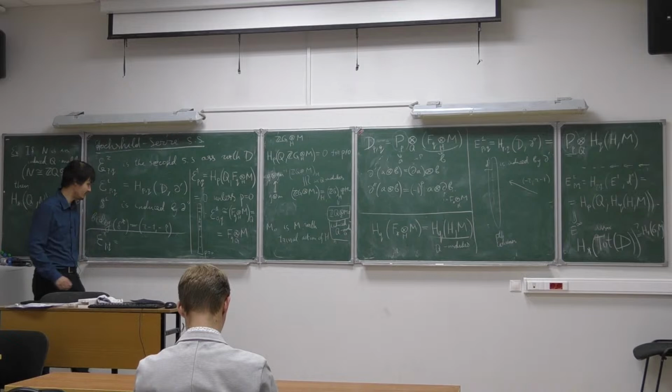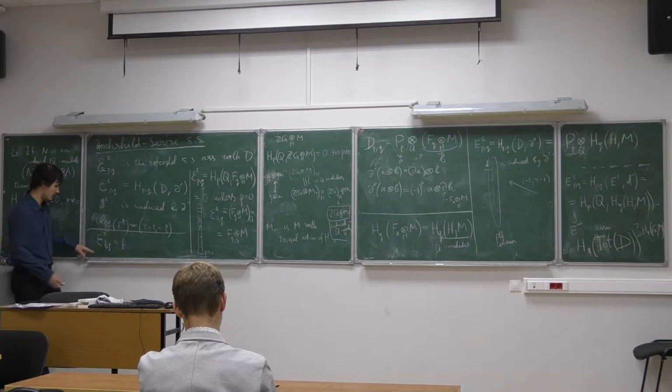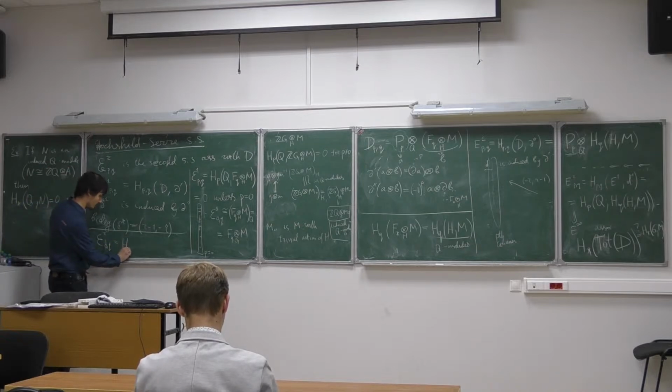And again, by definition, it is non-trivial only in the first grade, P must be 0, otherwise it is just 0. And if P is 0, then we have here the qth homology of G with coefficients in M.